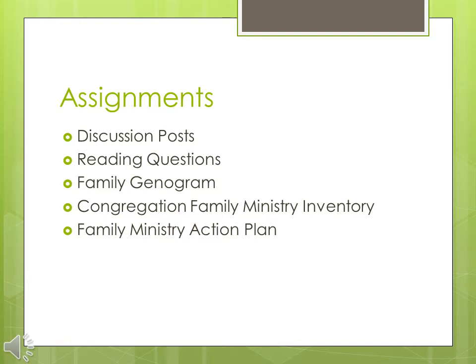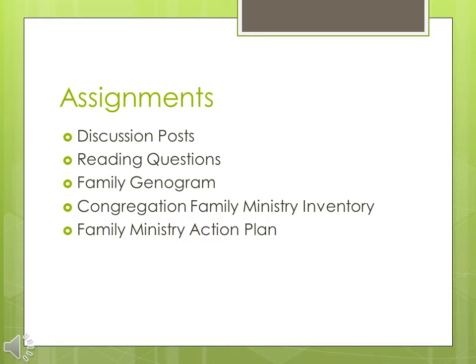Once you've completed the Congregation Family Ministry Inventory, the second major assignment that you have is constructing a family ministry action plan based upon the data that you have gathered from the Congregation Family Ministry Inventory. You'll have a couple of weeks to work on it, but the idea is that now, having understood the situation of your congregation, you come to some idea of where family and youth ministry might go.